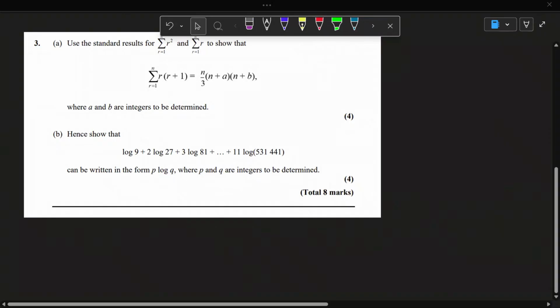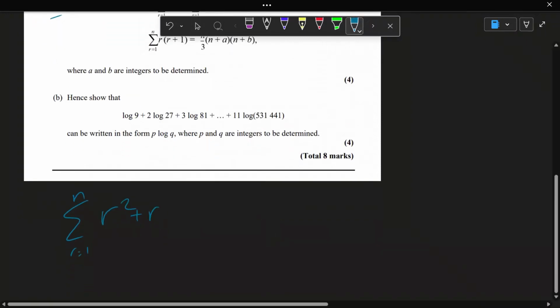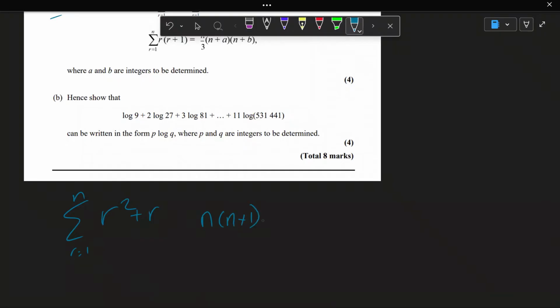Now I'm just going to go through some exam questions. With part A, you've got the sum from r equals 1 to n of r times (r plus 1), which you can write as the sum of r squared plus r. So you can use our formula. That will be n(n plus 1)(2n plus 1) over 6 plus n(n plus 1) over 2.